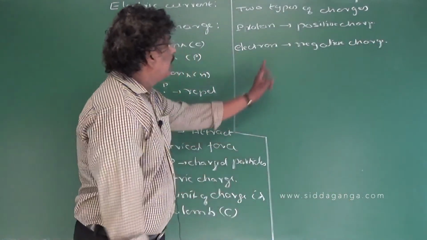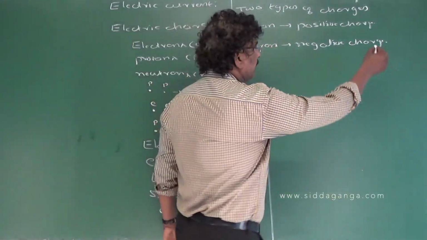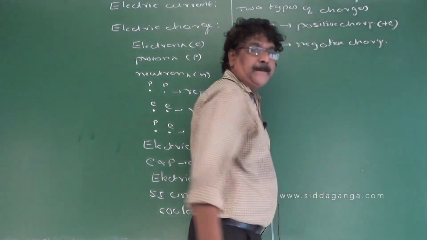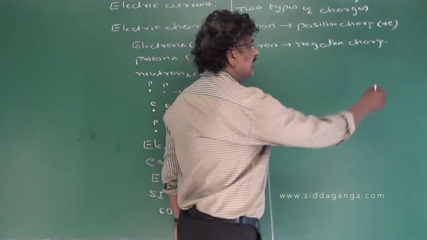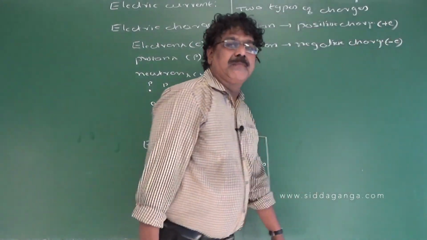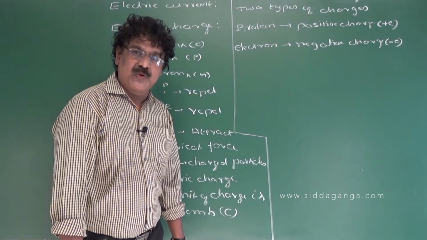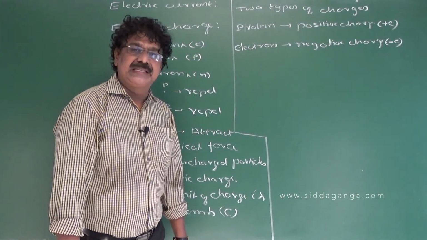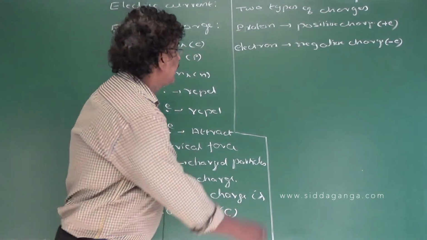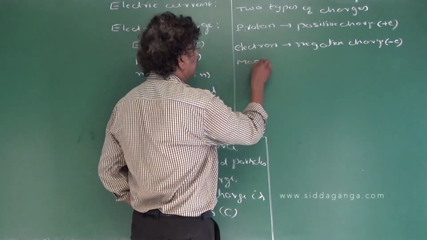The charge of a proton is generally represented by plus e and the charge of an electron by minus e. Plus e is the standard symbol for the charge of a proton and minus e is the standard symbol for the charge of an electron.